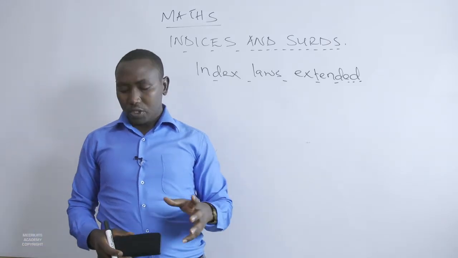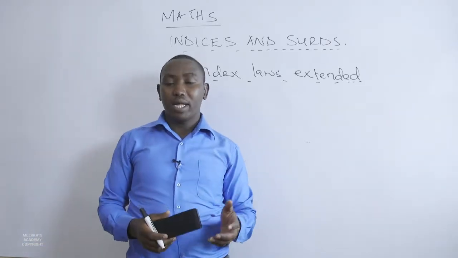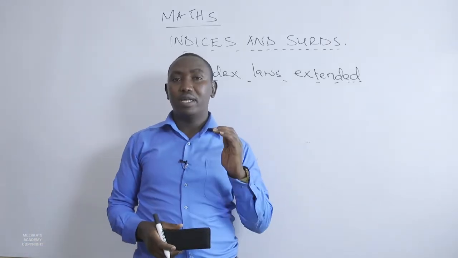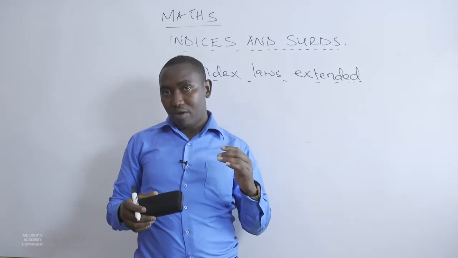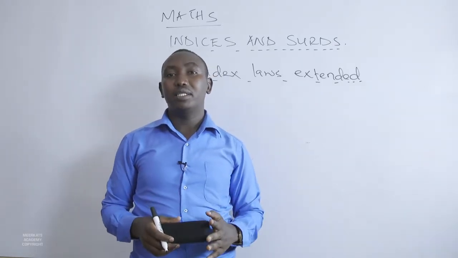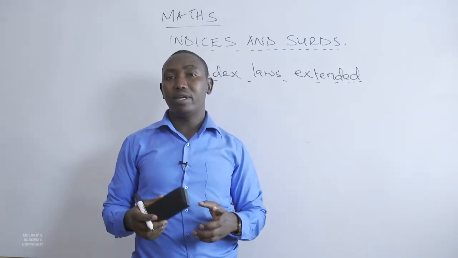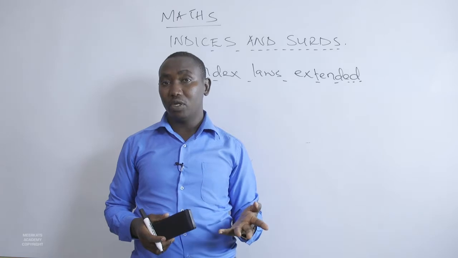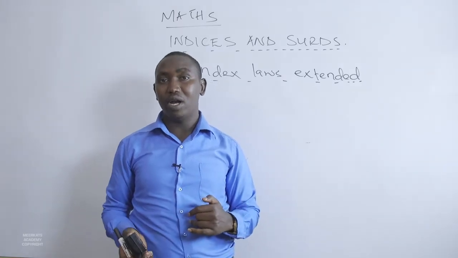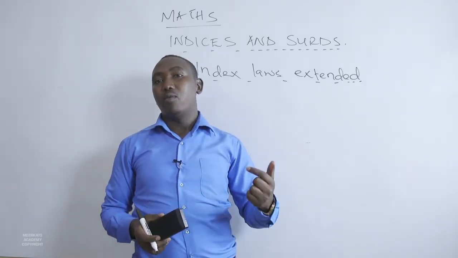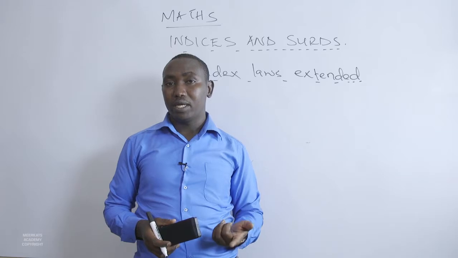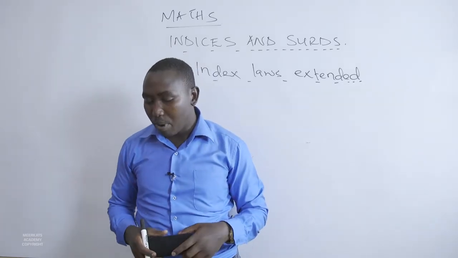Now there are cases where we have a combination of operations that requires us to apply the different laws, be it division, multiplication, the zero index, or a power of a power.